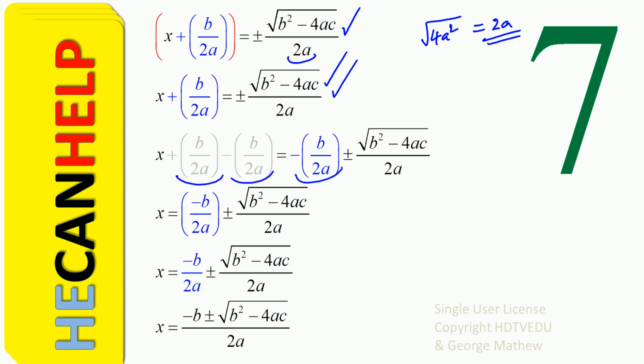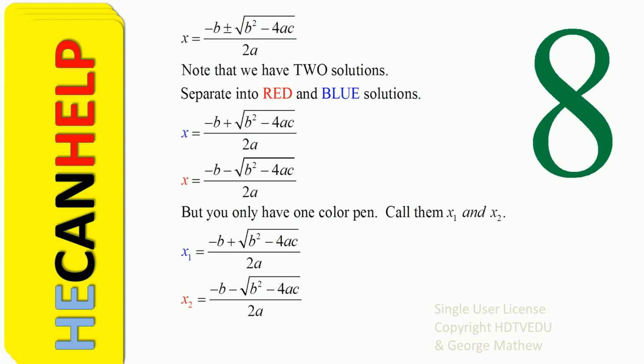So we get negative b over 2a plus or minus square root of b squared minus 4ac divided by 2a. Please don't forget, the square root of 4a squared is just 2a. Now what do we get? Negative b plus or minus square root of b squared minus 4ac divided by 2a. So you have a plus solution and a minus solution.